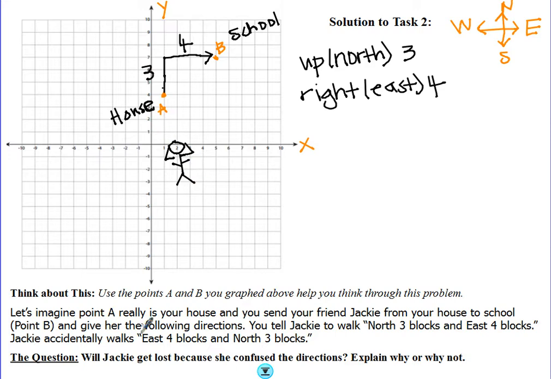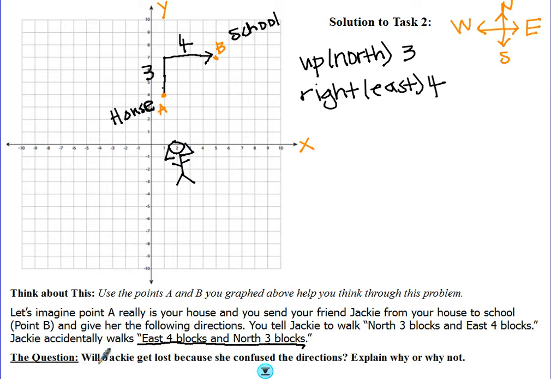And you give her the following directions. You tell Jackie to walk north 3 blocks and east 4 blocks, which is right here. North 3 blocks and east 4 blocks. That's what we wrote. But then Jackie accidentally walks east 4 blocks and north 3 blocks.